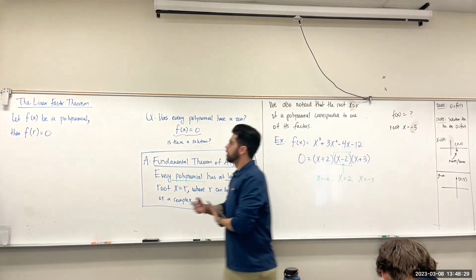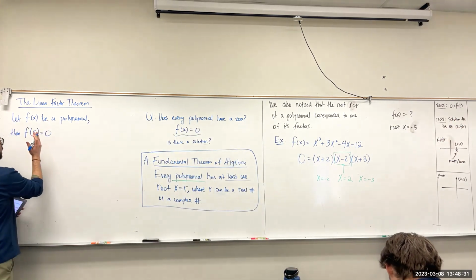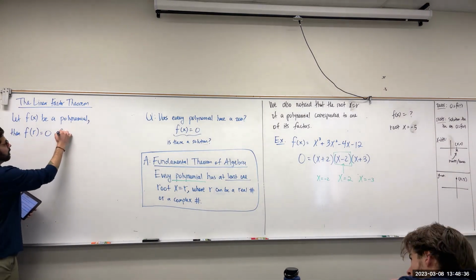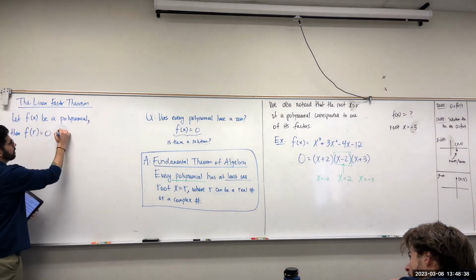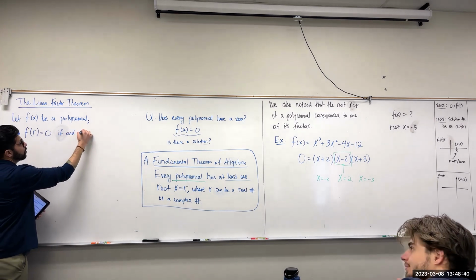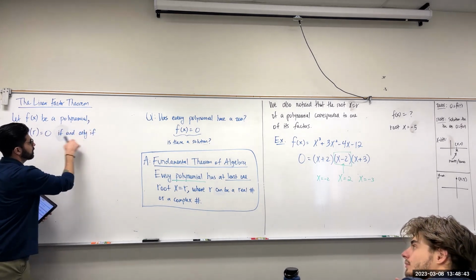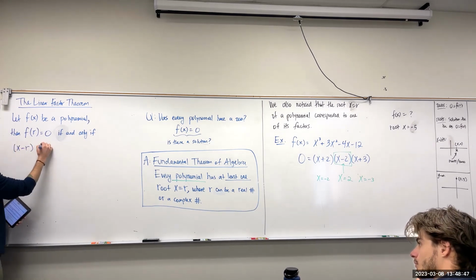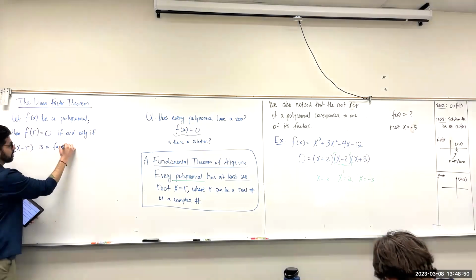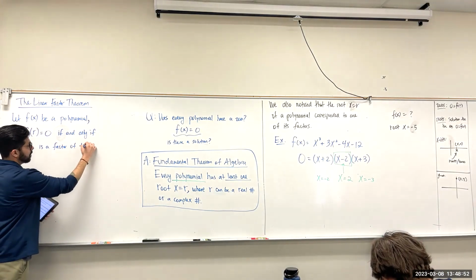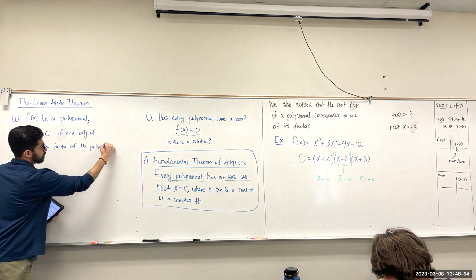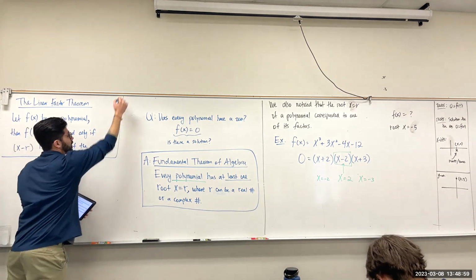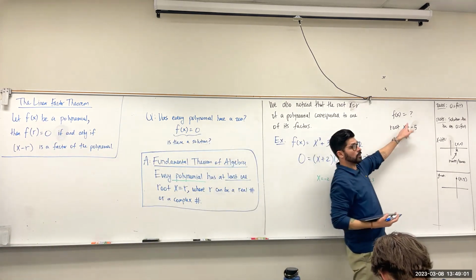So if I plug in a number and it gives me 0, then this will equal 0 if and only if, I'll explain what that means, x minus r is a factor of the polynomial. So it's kind of what we were playing around with here.